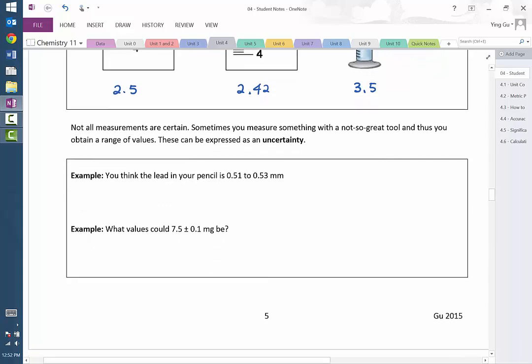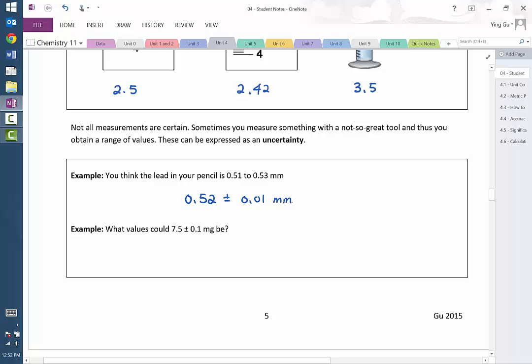Instead of saying 0.51 or 0.53, we can express this number with an uncertainty. We can say that the overall reading is going to be 0.52 plus or minus 0.01 millimeters. And by writing it like this, we very concisely say that our reading might be 0.51, 0.52, or 0.53, because it's plus or minus 0.01.